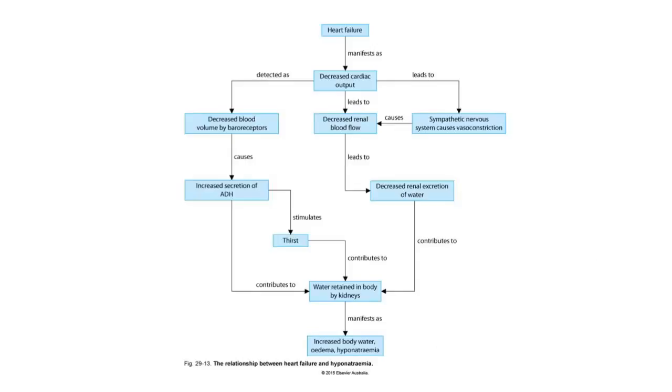So this next flow chart starts to relate our problems around sodium concentration to our previous topics of heart failure. And you can see at the top there we're starting with the heart failure that results in a decreased cardiac output.